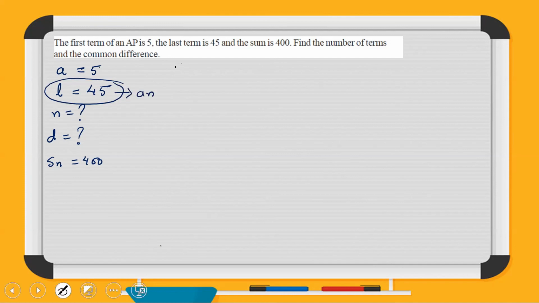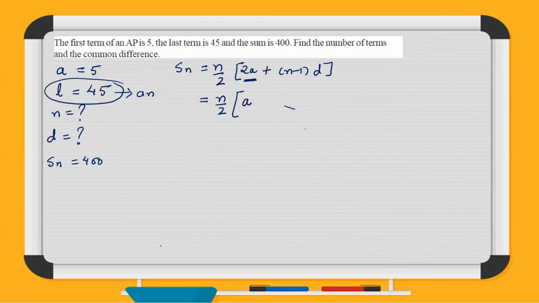So the formula that we have is Sn is equal to n by 2 in bracket 2a plus n minus 1 into d. Now separating this 2a, what is this 2a? 2a is a plus a, right? So this will be equal to n by 2 into a plus a plus n minus 1 into d. Now what is this part? This is the formula of an or tn, right?